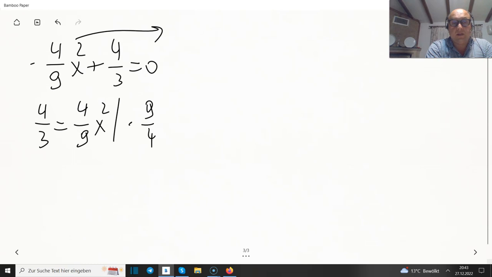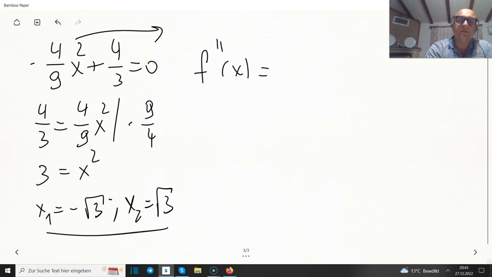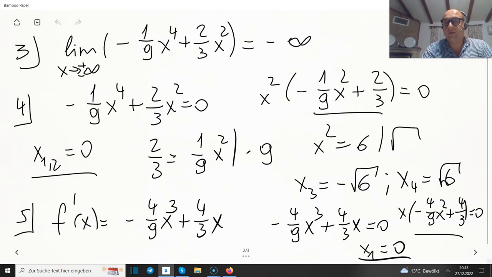So 9 and 3 can be cancelled. It's 3, and 4 and 4 can be cancelled as well. So x squared equals 3. We got x1 equals minus square root of 3, and x2 equals plus square root of 3. Let's consider the second derivative, which will help us to figure out which one is max and which one is min, if it's the case.